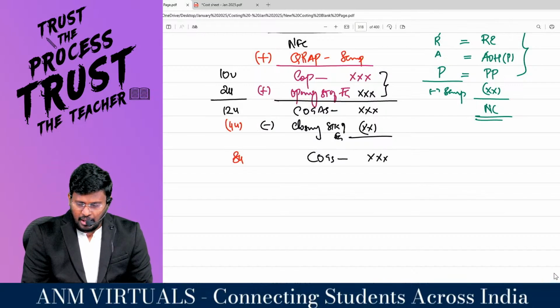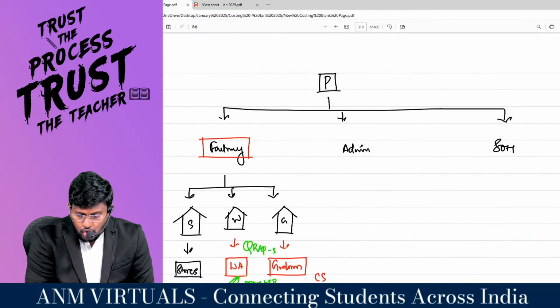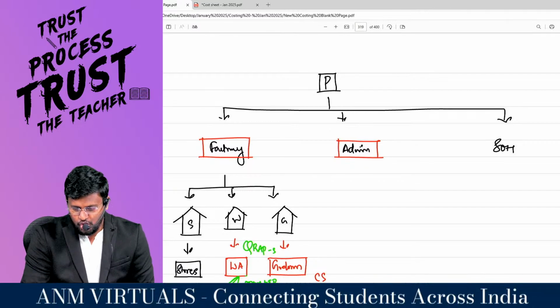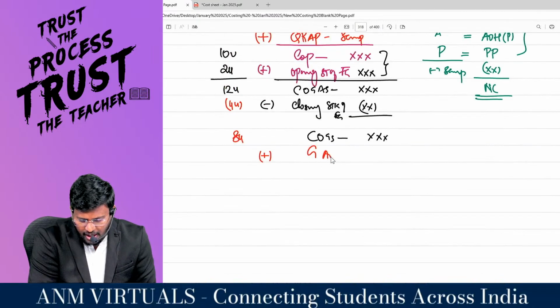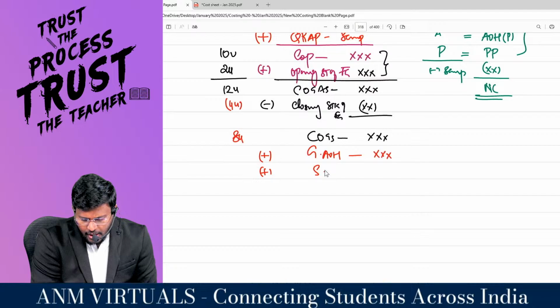Cost of goods sold. Now, to that cost of goods sold, add general administration overhead, the next department. My dear lovable students. Add selling overhead. Add distribution overhead.